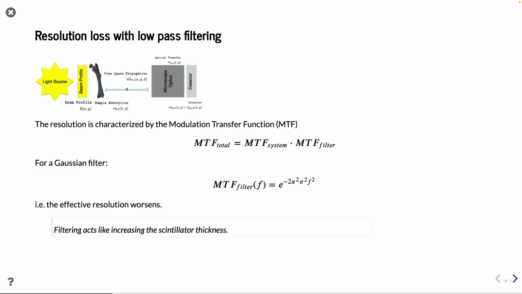So in principle, jumping back to this figure from lecture 1, we have our image acquisition system with many transfer functions and different types. And finally, we also have some scintillator, which in principle adds, together with the optics, our blur. And adding a filter is actually, in principle, adding yet another modulation transfer function to this acquisition system.